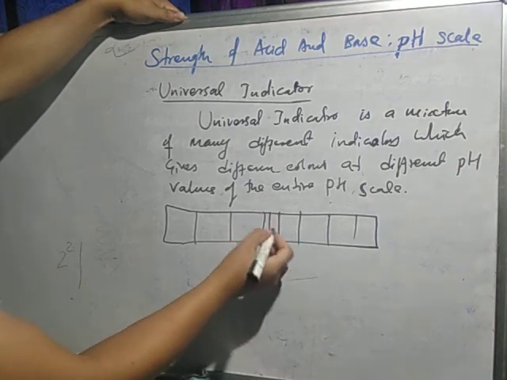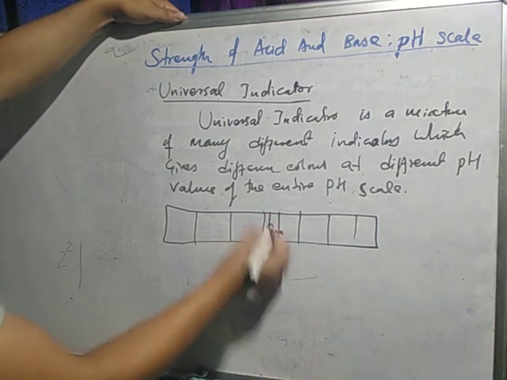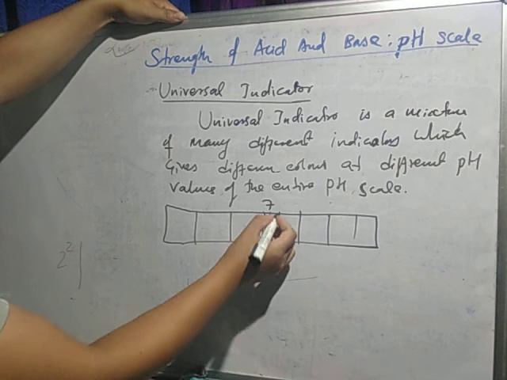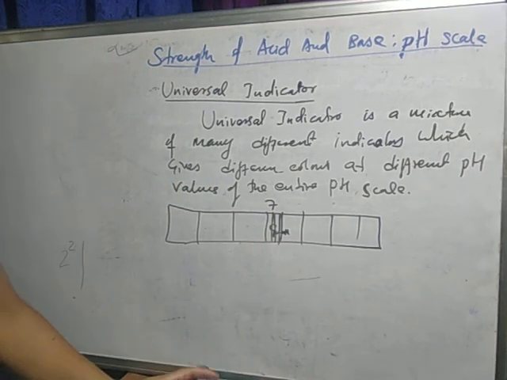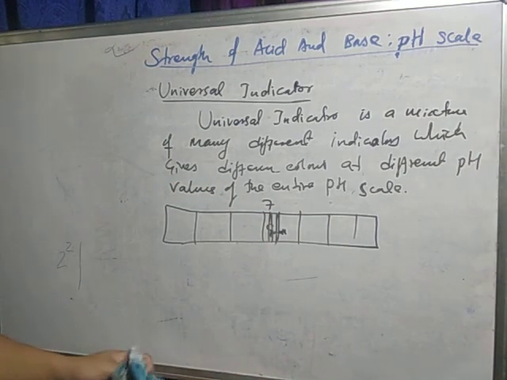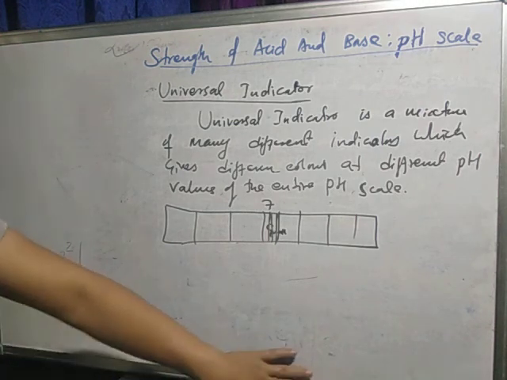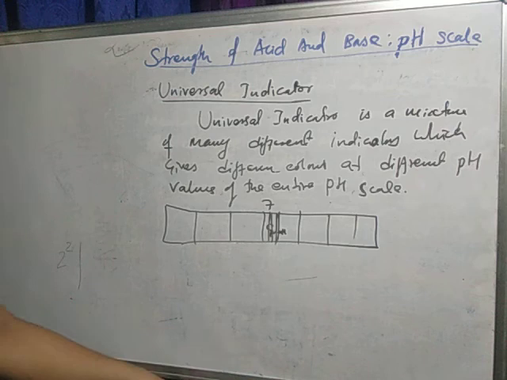This should be green. 7 is your neutral. In your book also just have a look. So this is your indicator, universal indicator. Clear? So water produces green whenever you put universal indicator in the water.